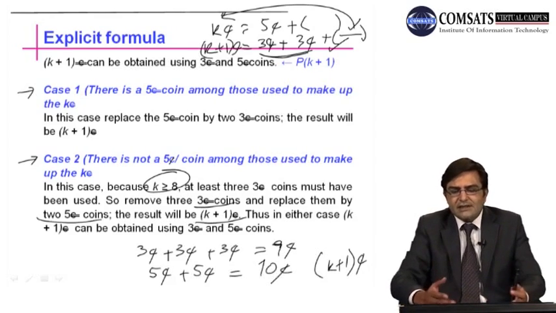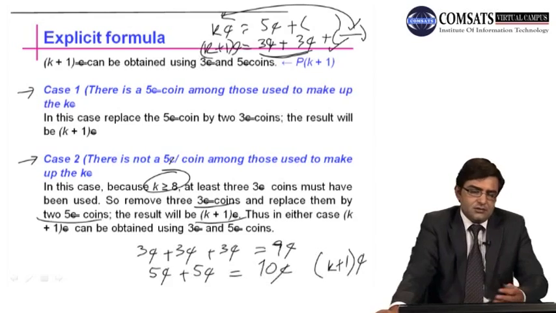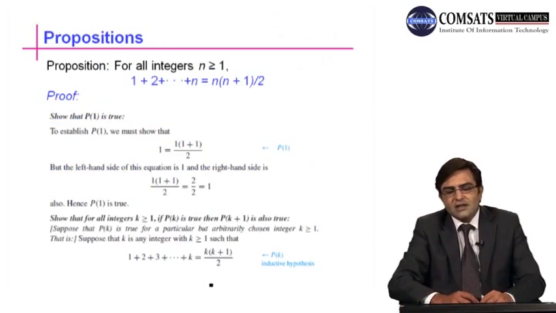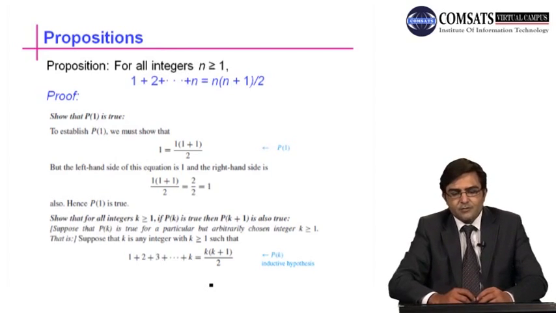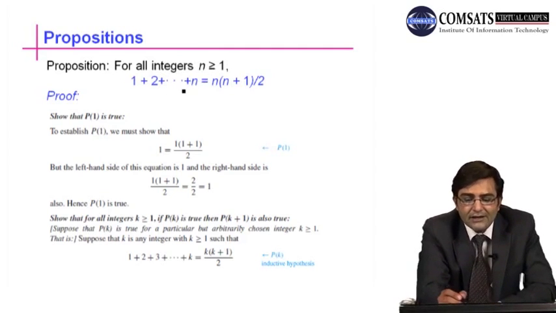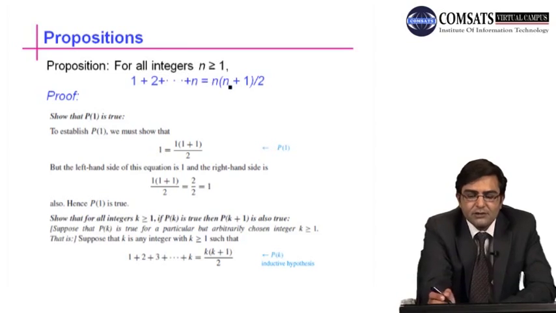So this was basically the introductory example. To understand better, we take another example, which I hope will make your concepts of mathematical induction clearer. Suppose we have to prove this property for all integers n greater than or equal to 1: 1 plus 2 plus 3 plus 4 and so on up to n is equal to n into n plus 1 divided by 2.